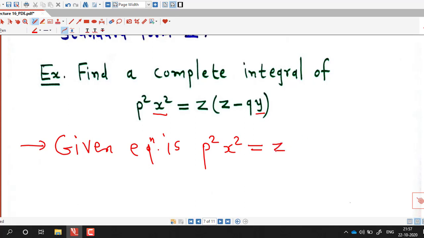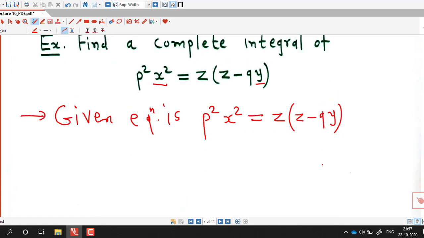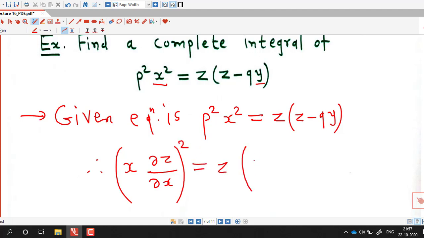So the given equation is p square x square equal to z into (z minus qy). I can rewrite this as (x times del z by del x) whole square equal to z into (z minus y times del z by del y).